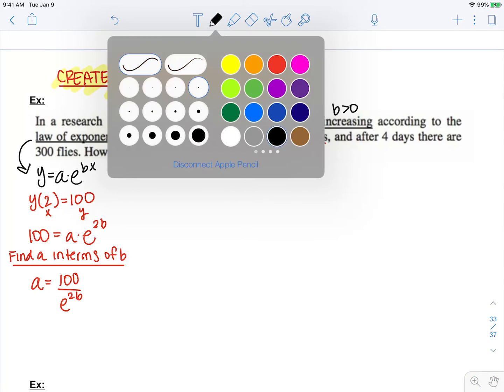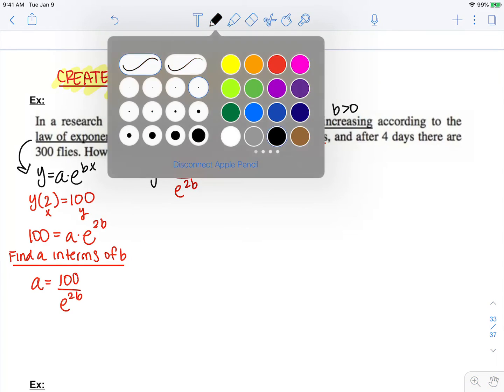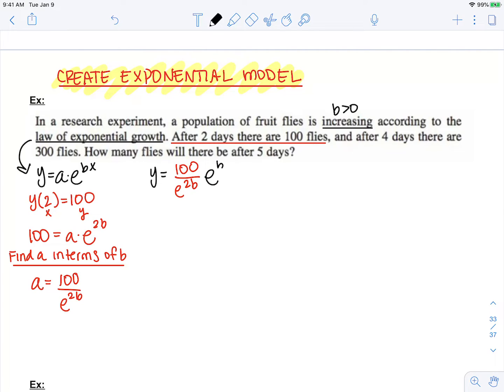So now that we know that, our equation is now y equals 100 over e to the 2b times e to the bx. Okay. Now we can use our second information. After 4 days, there are 300 flies. So that tells us y of 4 equals 300.